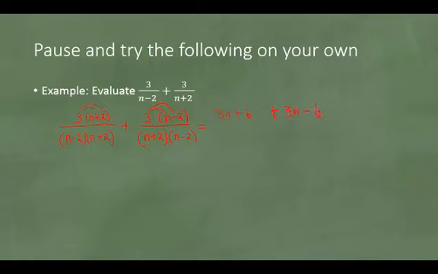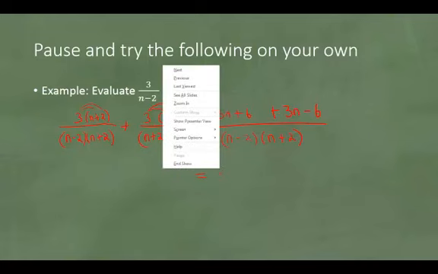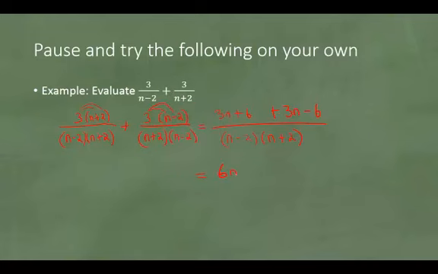And because we're adding straight across and we have the same denominator, we can write that as one fraction. And now we can combine. 3n plus 3n is 6n. 6 plus negative 6 is 0, so those cancel out. So it's just 6n over n minus 2 times n plus 2.